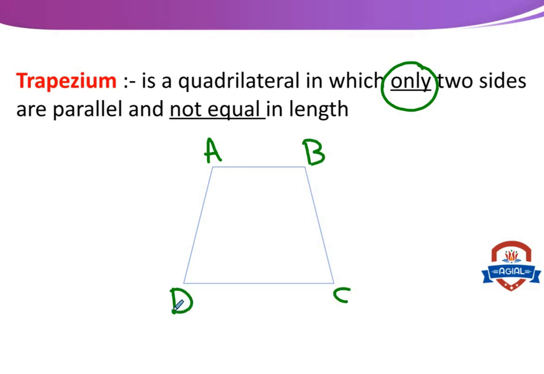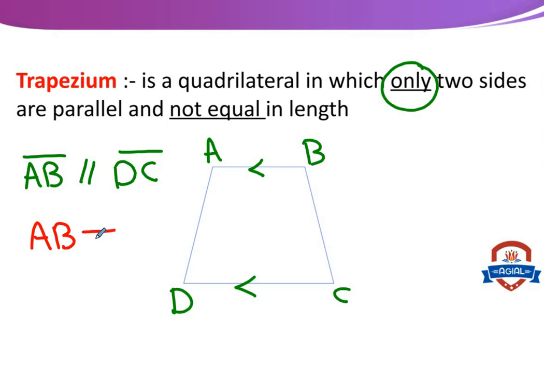Then line segment AB parallel line segment DC, and the length of line segment AB does not equal the length of line segment DC. Trapezium is a quadrilateral in which only two sides are parallel and not equal in length.